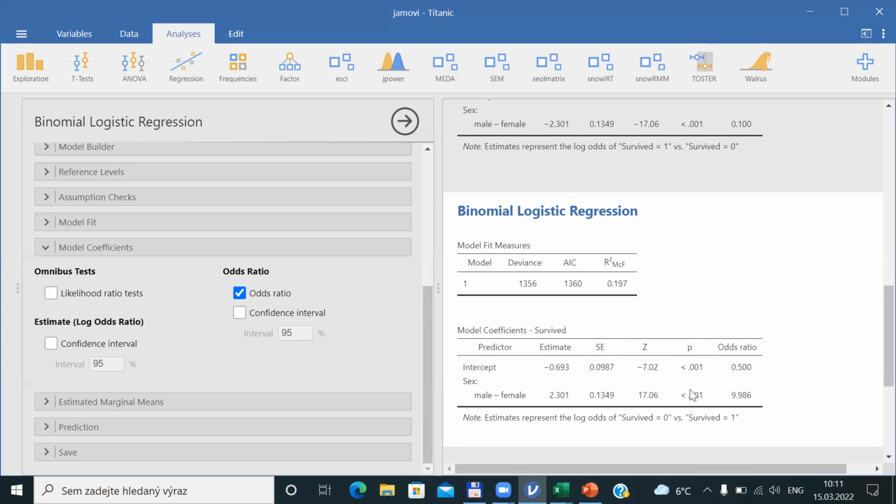But once again, we would skip these results for this Titanic example, as we do not try to infer results to any bigger population of all catastrophes at sea or something like this. So we currently use binomial logistic regression as a descriptive tool only.